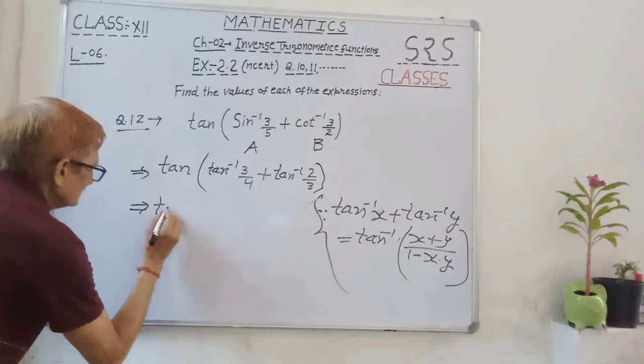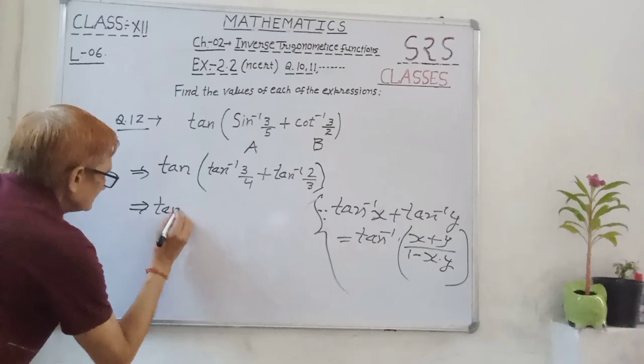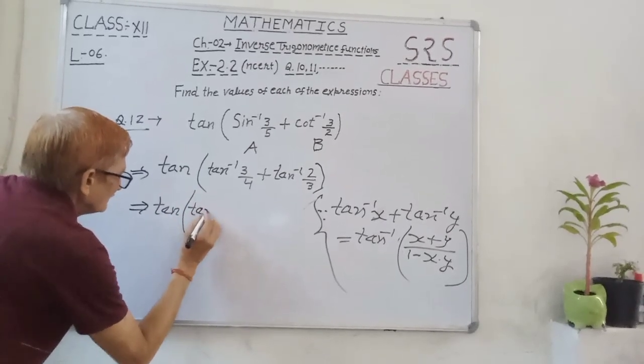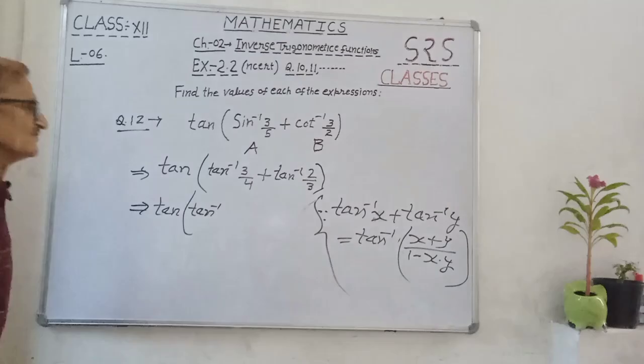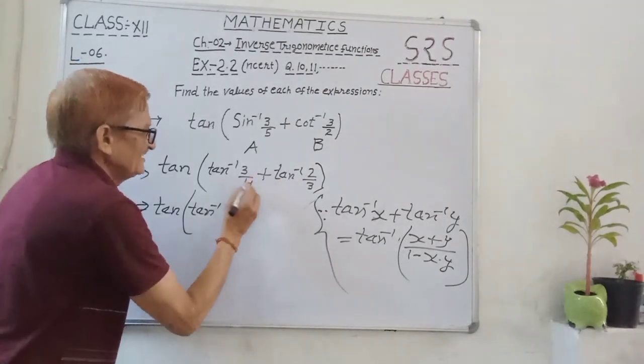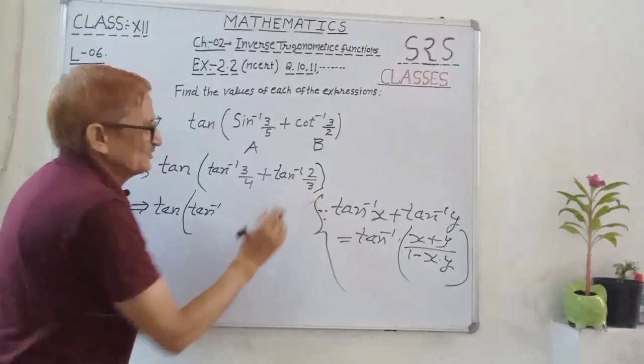So what will come? This will be tan of tan inverse, where x is 3 by 4 and y is 2 by 3.